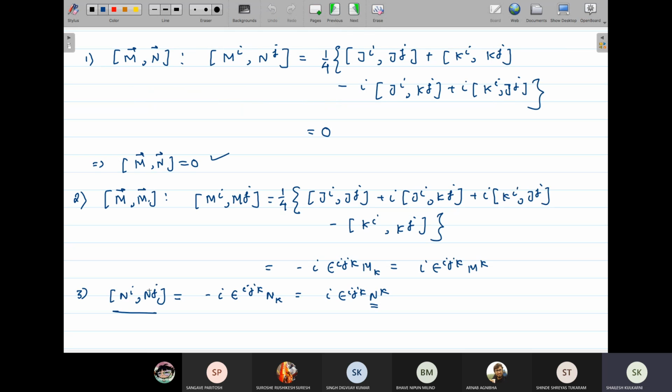The important point is that the MM and NN commutation relations give you M and N. Hence, the MM commutation relation closes among themselves. There is another word for this: closedness of the algebra. The NN commutation relation also closes among themselves. And there is a decoupling because MN is 0.